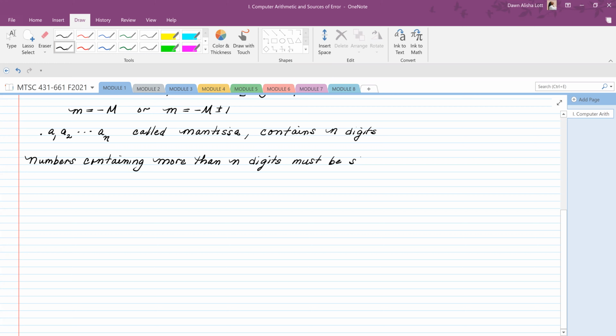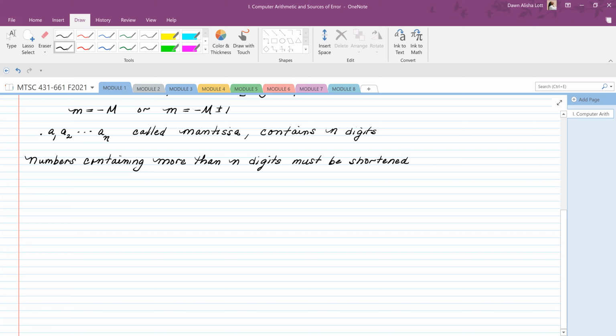So if your computer only holds 16 digits and you're trying to utilize a number that has 32 digits or it continues, then anything after the first 16 will be chopped off, just gone.